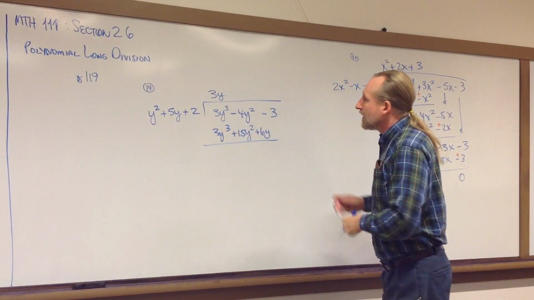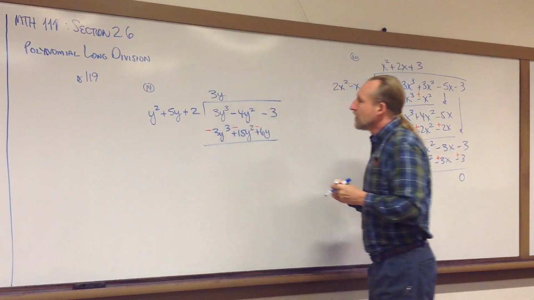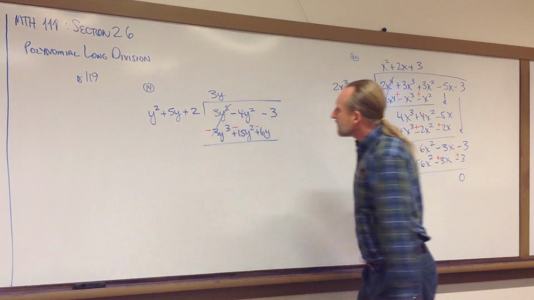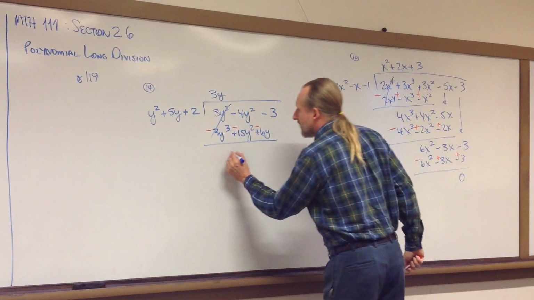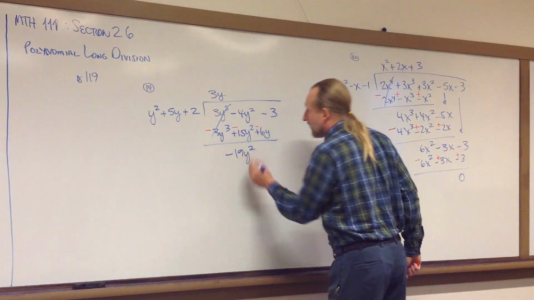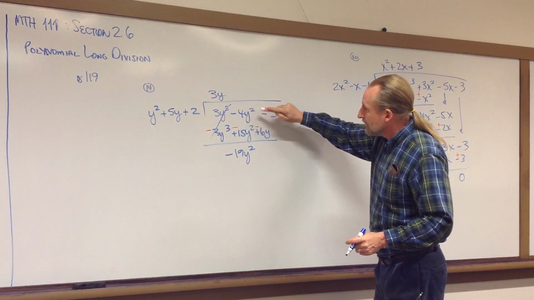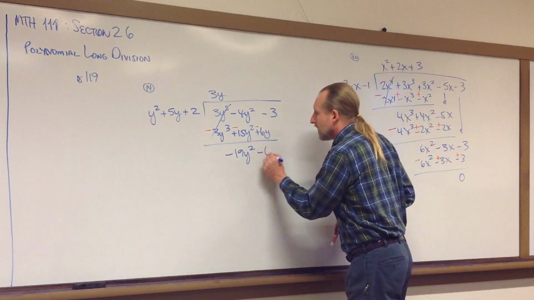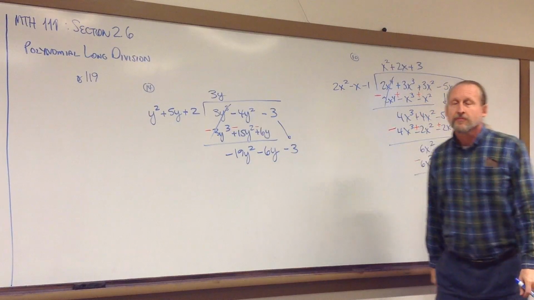Okay, so then we go in and change the signs. These all switch to negatives. These cancel out, great. Negative 4y squared, negative 15y squared, that's minus 19y squared. Here we don't have any y to the firsts, so it's just 0 minus 6y is negative 6y, and then we'll bring that 3 down there.